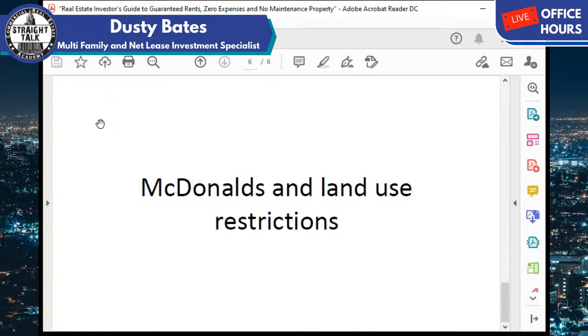For 20 years, you essentially can't have any food use at that location. I've got one in town here that's a perfect spot for Starbucks or what have you, but for the next 15 years, no one can do that because McDonald's sold it. That was part of the sale: a land use restriction, so no one can have any food use.